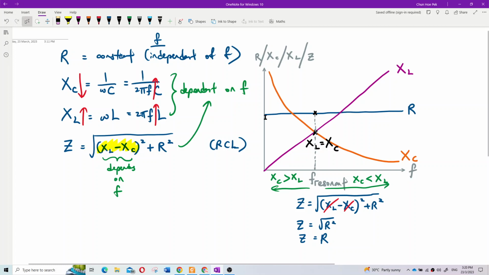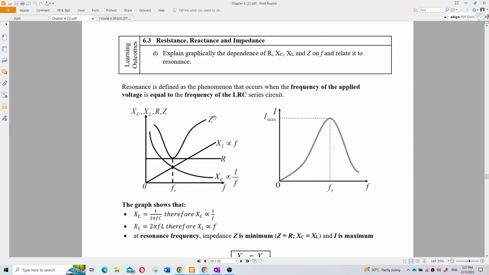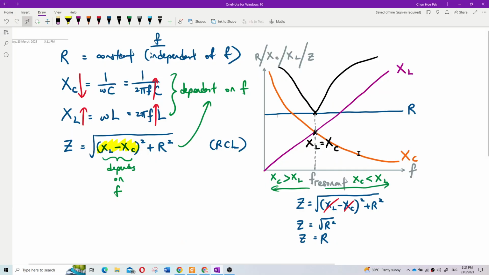So the graph is something like this, if I'm not mistaken. Is it correct? Yeah, it's like this. See, at resonant frequency, Z equals R. You see that? Okay, so that's the graph of Z.